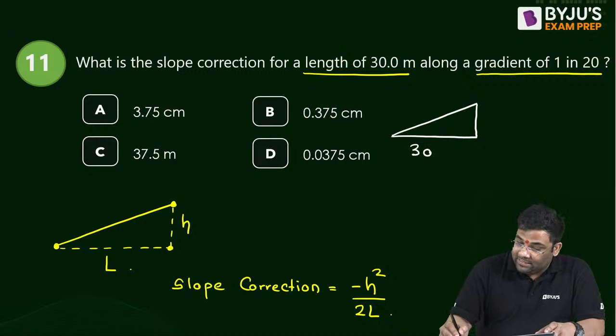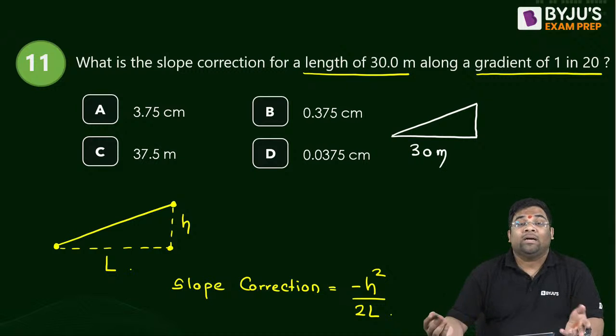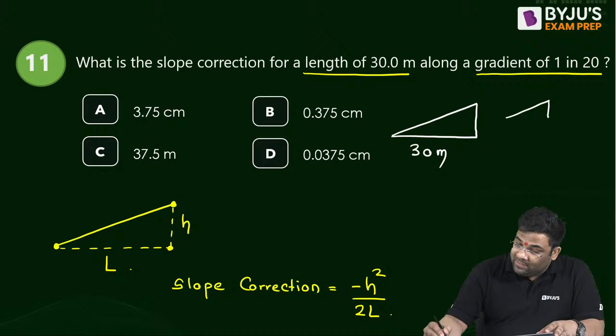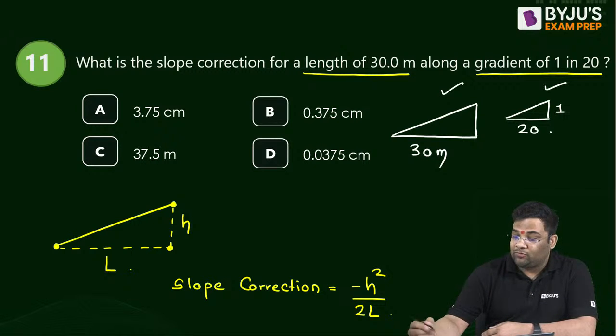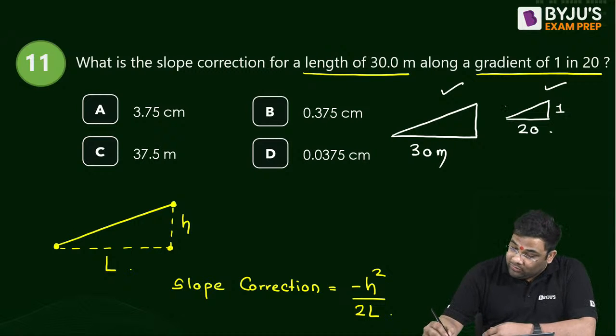The gradient is 1 in 20. That means it is similar to a triangle having slope 1:20. This triangle and this triangle are similar. So this length will be the square root of 20 square plus 1, making it how much?